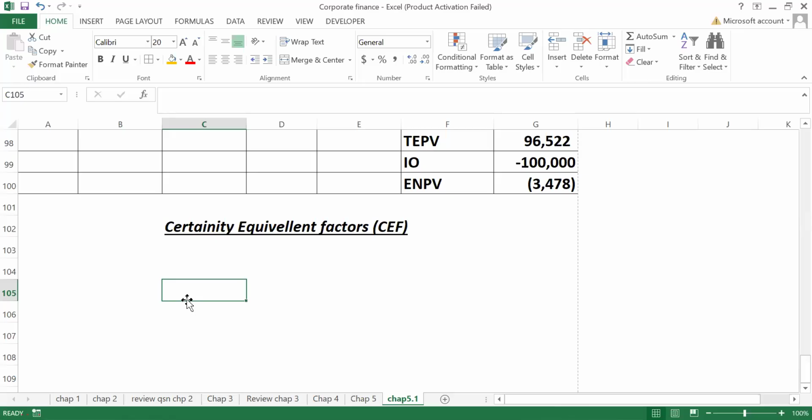Now, if I'm expecting 100 million with risk, what is the level of those cash flows that is going to be considered to be risk-free?